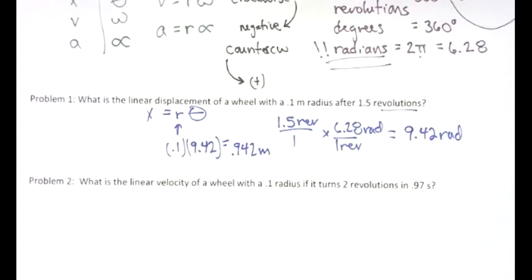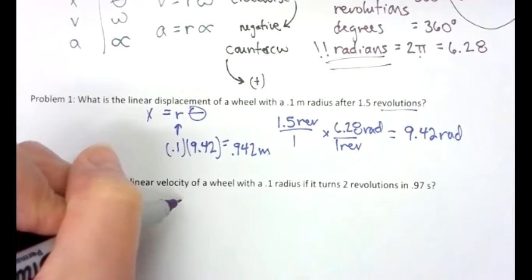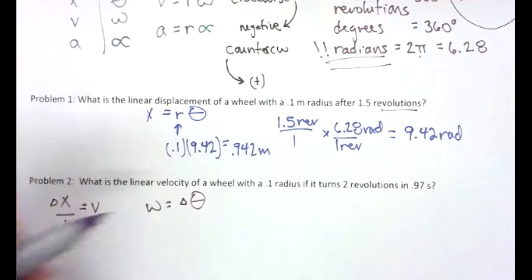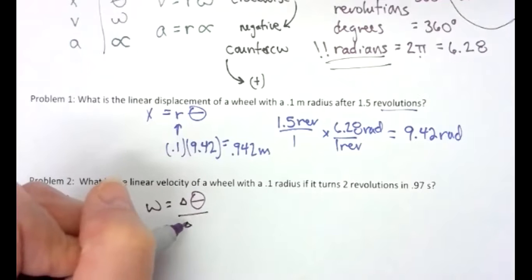All right, well, what about linear velocity? Now, one of the things that I'm going to be repeating is that everything in the angular world mirrors what happens in the linear world. So if we're looking at linear velocity, and we know that that's going to be delta x over delta t, then angular velocity is going to be delta theta over delta t.